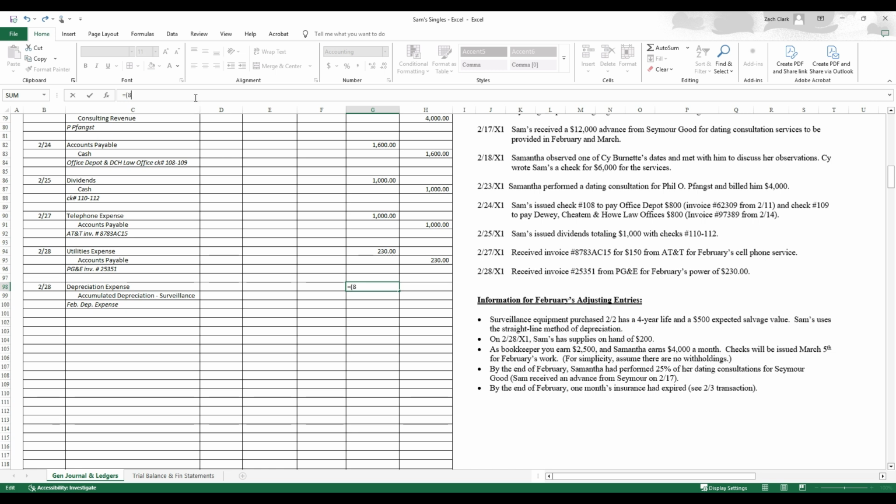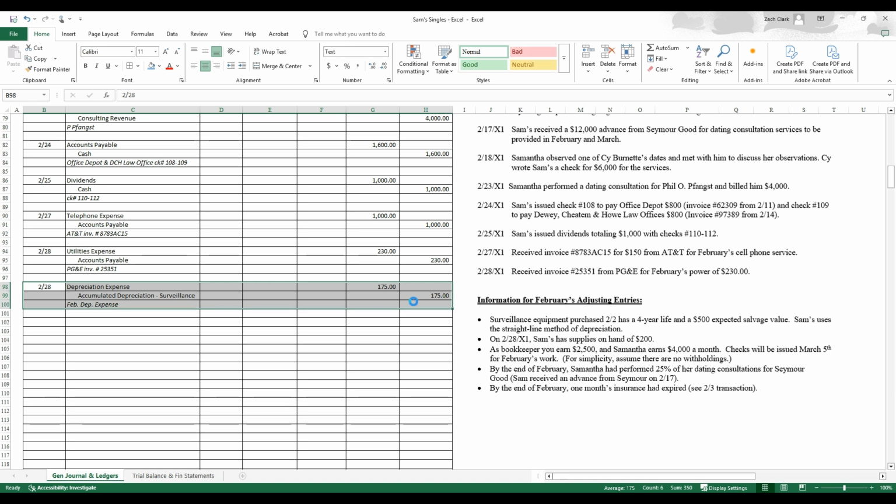So $8,900 minus the salvage value of $500, and then divided by the life, which is 4 years, but we just want 1 month, and we're going to do this in months. So 4 years is the same thing as 48 months. And so it's going to be $175 per month of depreciation expense. And we're done with that one.